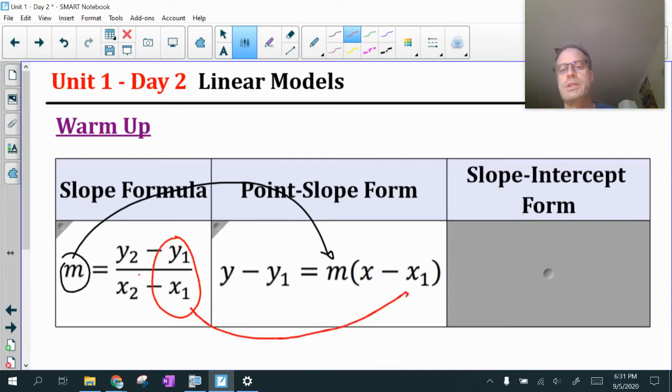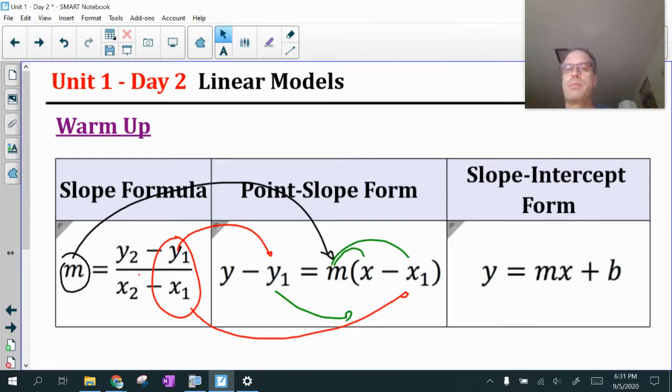You substitute the x in here, you substitute the y in there, and now you're in point slope form. Then when you distribute the m to both of those and add y1 to both sides, you end up with the slope-intercept form.